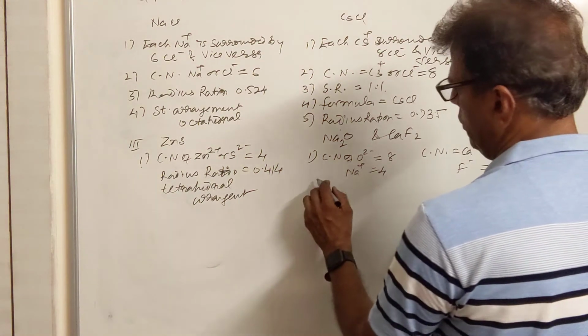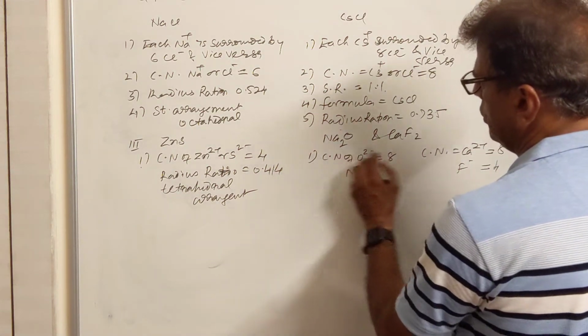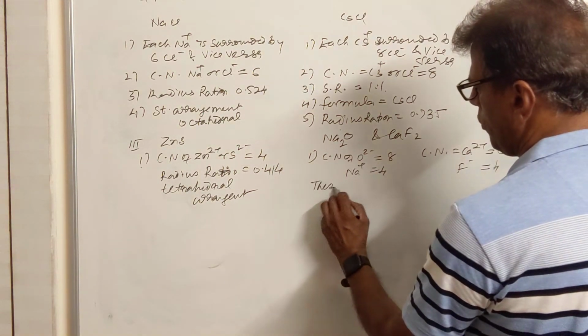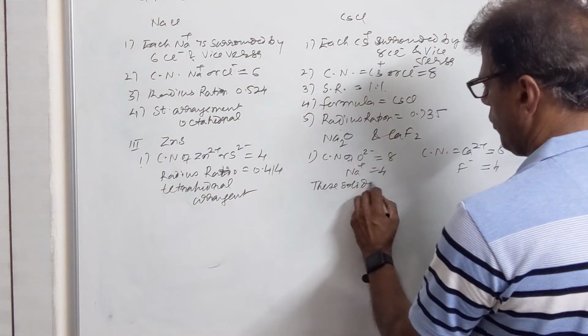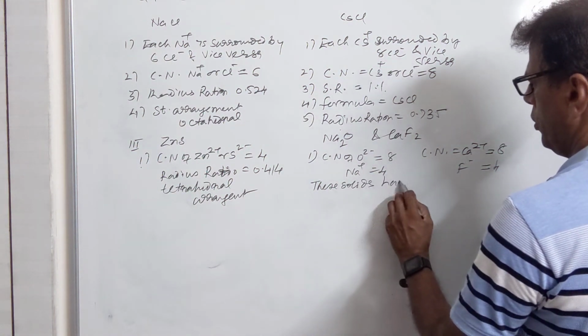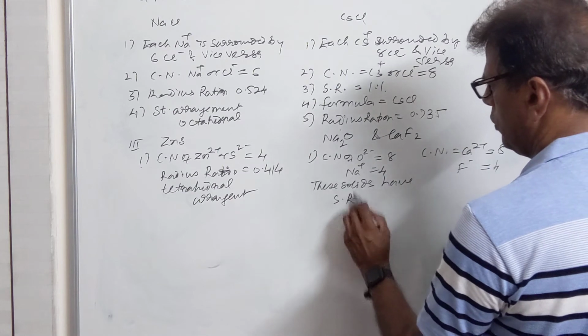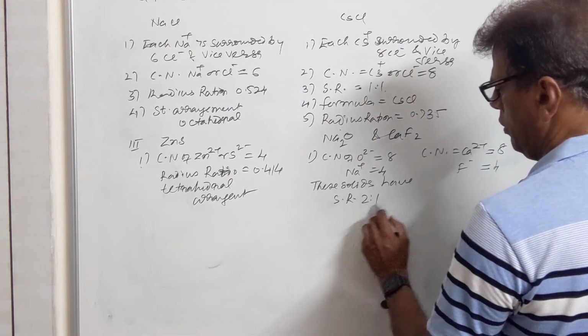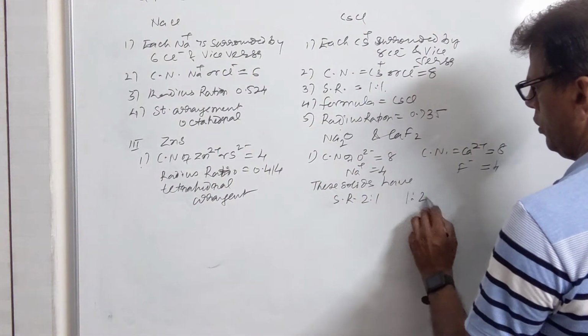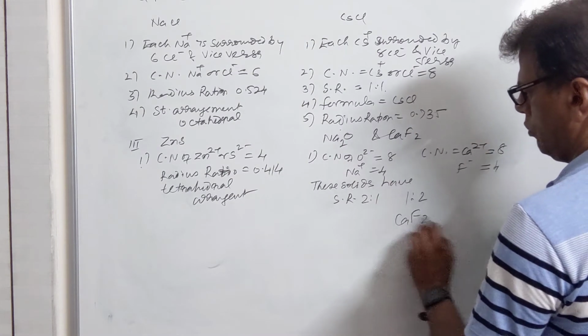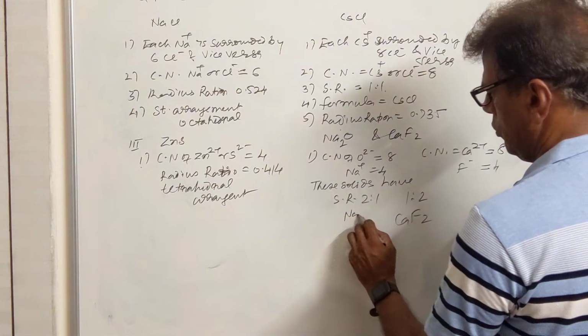और ये जो है these solids have stoichiometric ratio. इसमें 2:1 है, इसमें 1:2 है. That's why this formula is CaF2, this formula is Na2O.